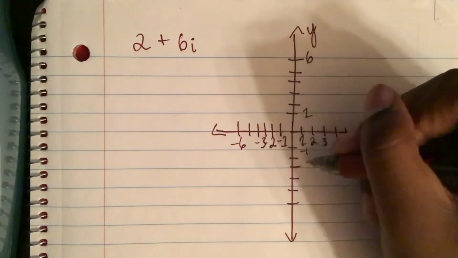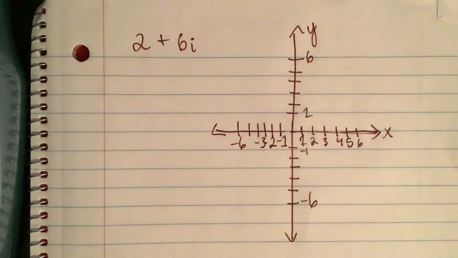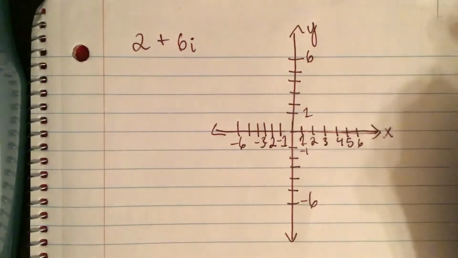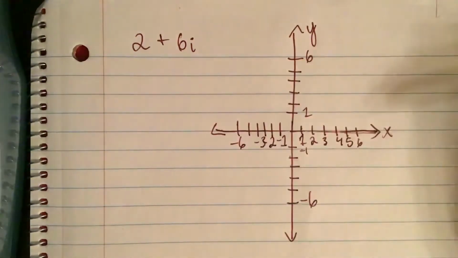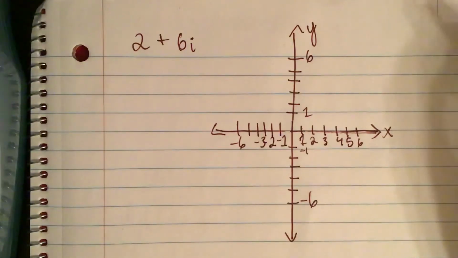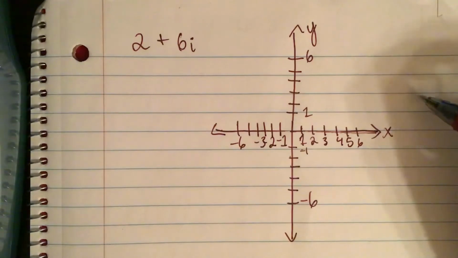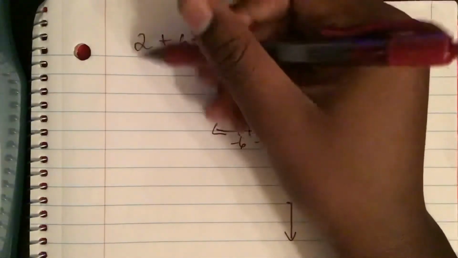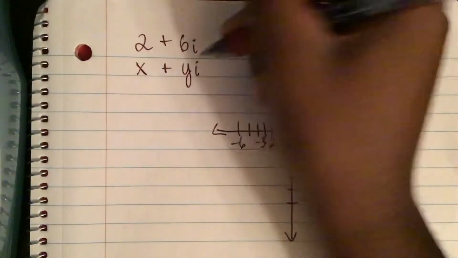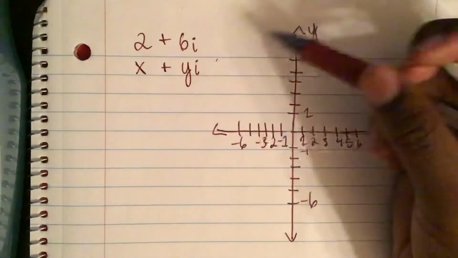That's -1, -6. Okay, so if standard form is 2 plus 6i, we have to put this in x plus yi form. Our real number 2 here is going to stand for x in x plus yi, since that is the standard form of a complex number.